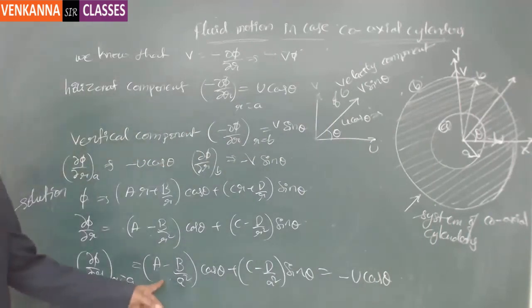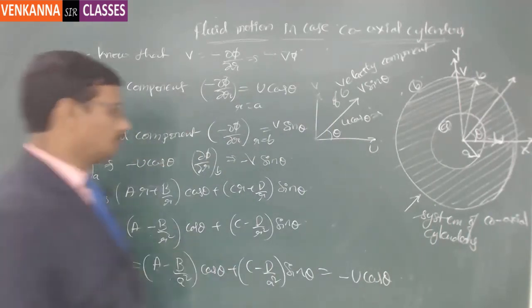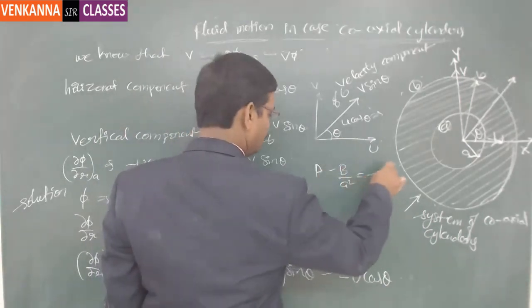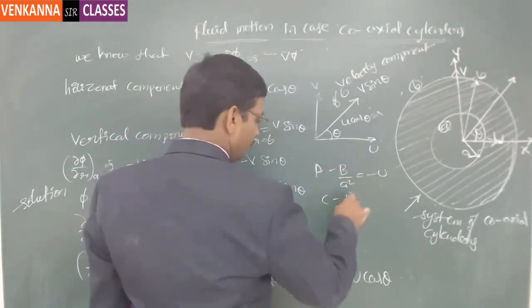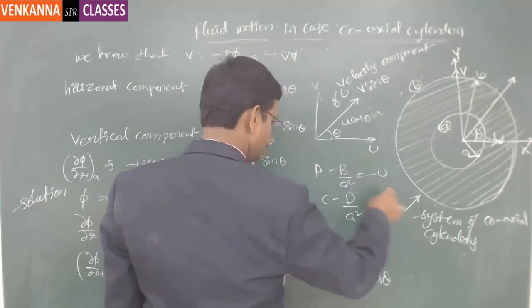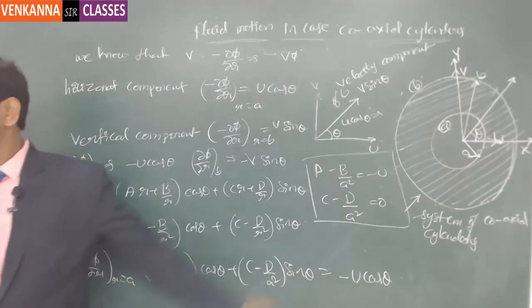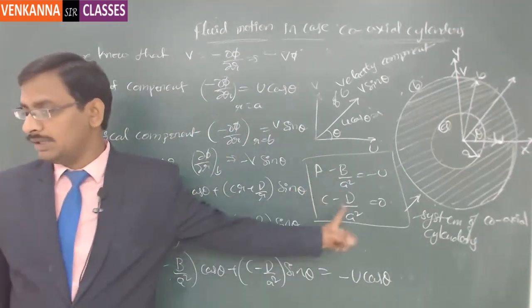That means A − B/a² is equal to minus u, and C − D/a² is equal to 0. So these are two equations which involve four constants A, B, C, D, right?